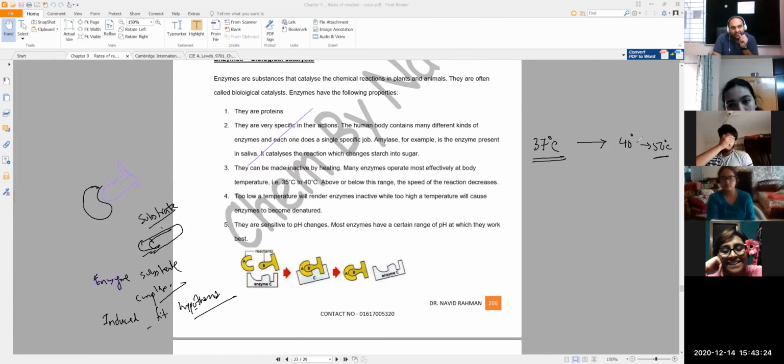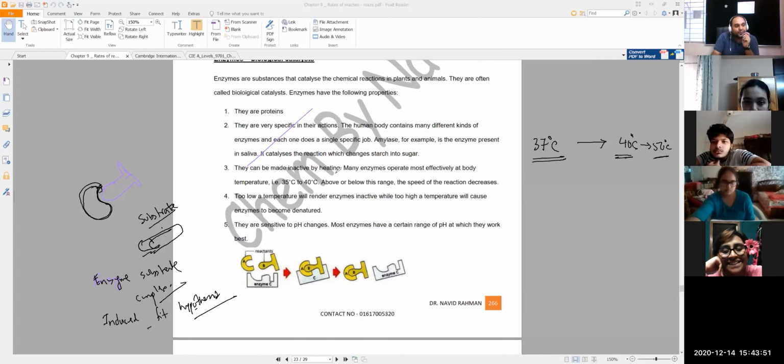When you have a higher temperature, the shape of the enzyme gets denatured. So your active site does not have a shape which is complementary to that of the substrate. So it loses its functionality.